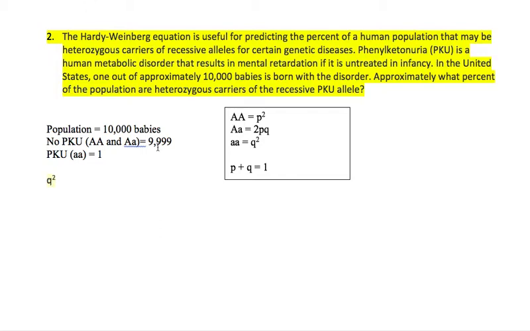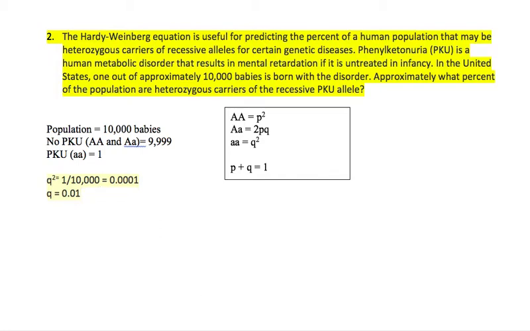So Q squared is equal to 1 out of every 10,000 babies, which means that that is 0.0001. So now I want to calculate Q. This is the same method as before. So Q is going to be the square root of 0.0001, which makes it 0.01.